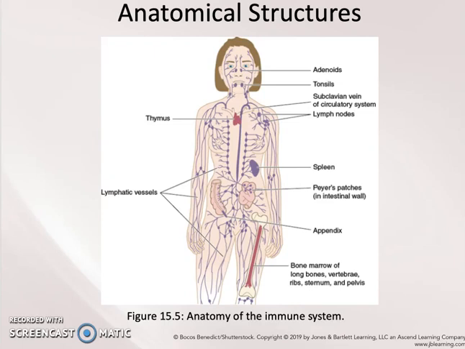Cells of the innate immune system, most notably many white blood cells or leukocytes, have pattern recognition receptors, PRRs, that recognize PAMPs from the microbes. The leukocytes important in innate immunity include phagocytic cells, such as macrophages, neutrophils, and dendritic cells.